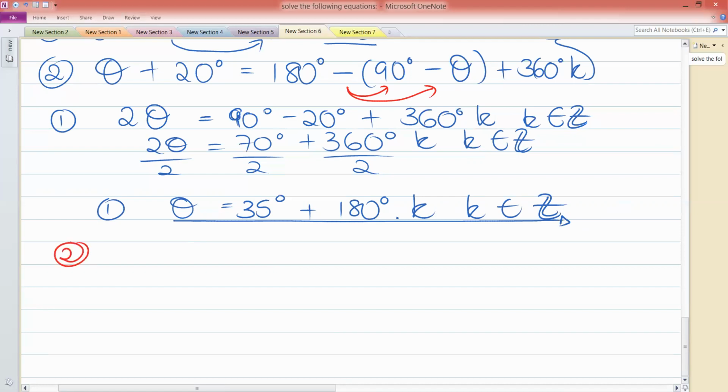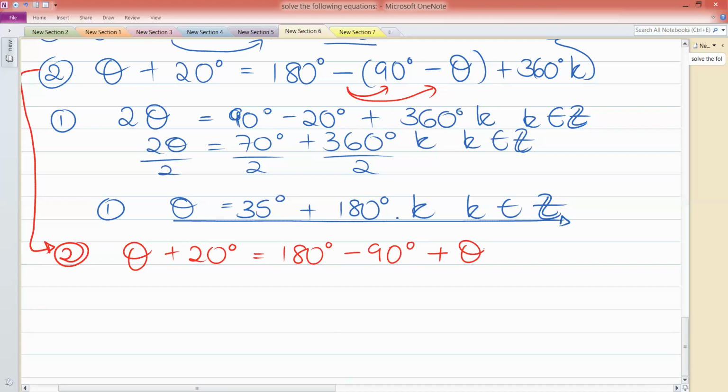So let's take the second equation: theta plus 20 equals 180 degrees minus 90 plus theta, plus your 360 degrees k, where k is an integer. 180 minus 90 is just 90 plus theta.